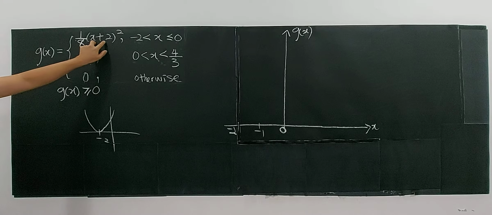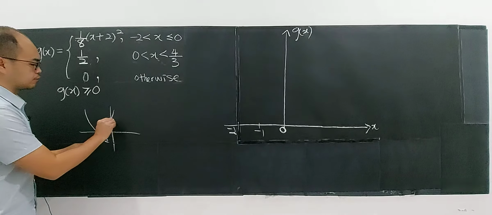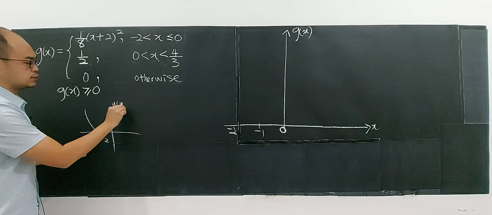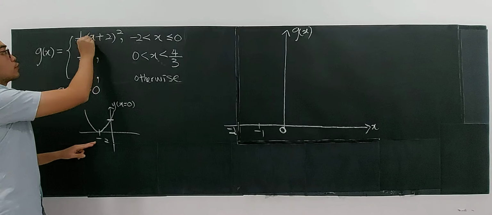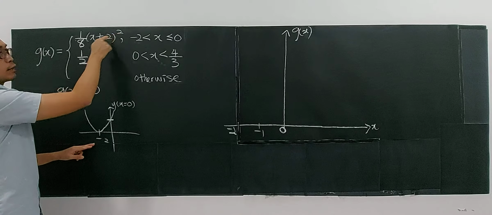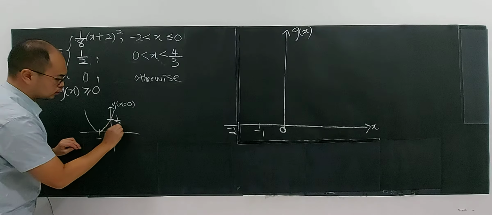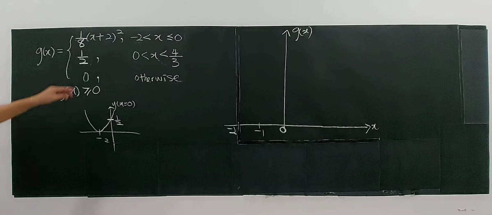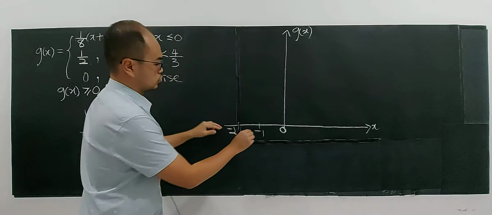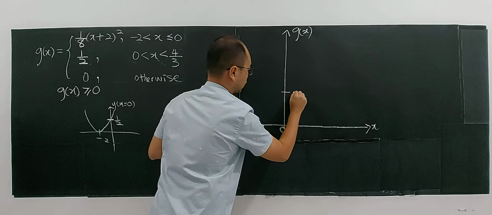This is a complete square, so the +2 becomes -2. It will intercept the y-axis where x is 0. If x is 0, it will be 2 squared, which is 4, 4 over 8, 1 over 2. So from -2 up to 0, the graph goes up to 1 over 2.